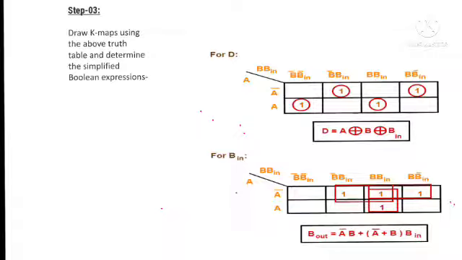And at fourth position we get as A, B, B in. So we have to add all these and we will get as A XOR B XOR B in.